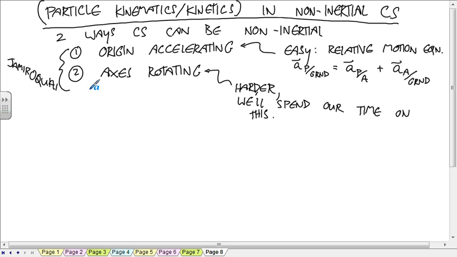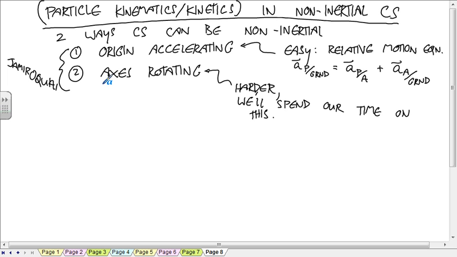All right, so what goes wrong when you have a rotating coordinate system? In a way it's sort of strange. This one makes sense: if your coordinate system is adding acceleration onto what you're measuring, that's going to mess up Newton's second law, right? What goes wrong here when the axes are rotating?